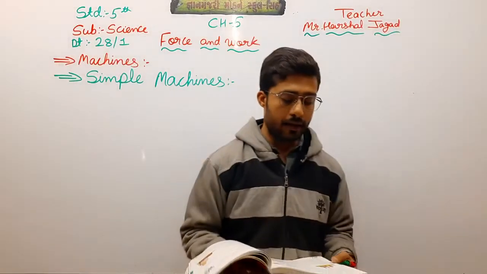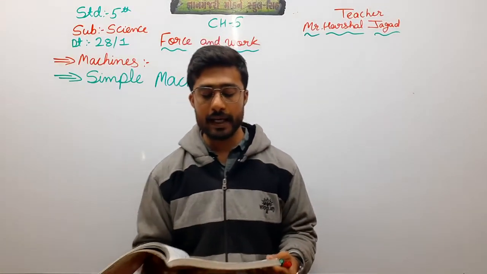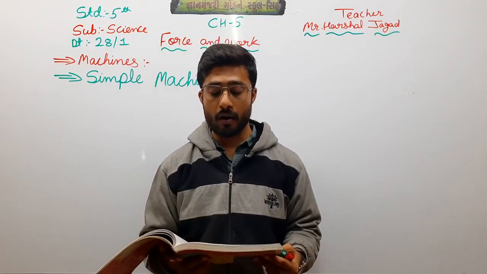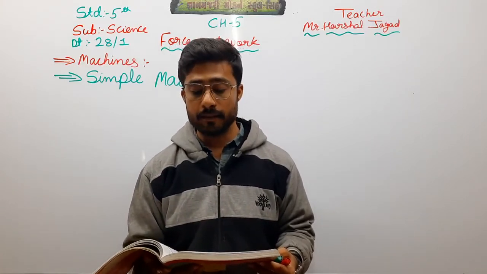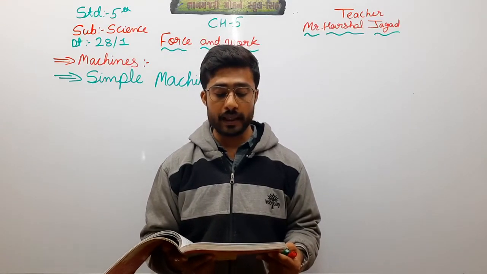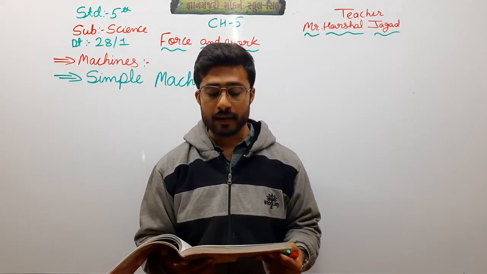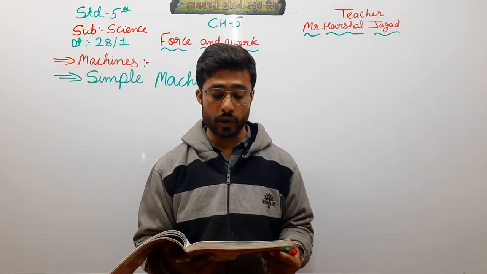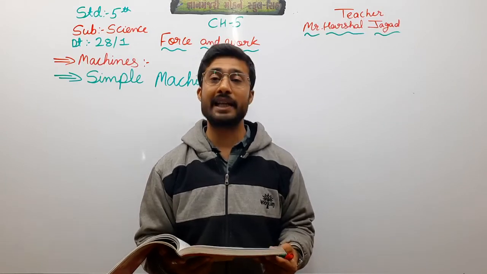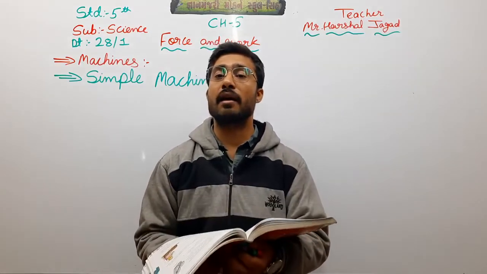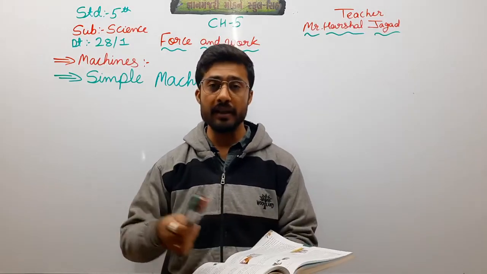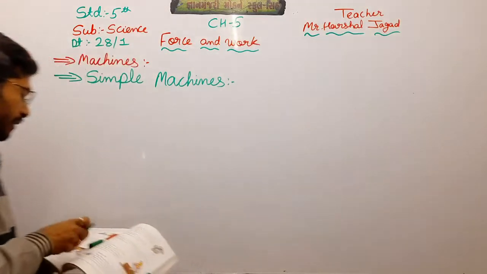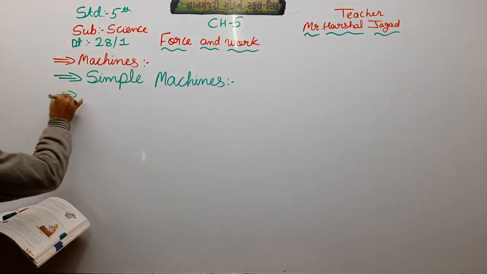Some machines make daily life easier, such as a tin opener or a pair of scissors. Some simple machines have been in use for centuries. There are lever, pulley, inclined plane, wheel, screw, wedge, and the wheel and axle. So here there are different types of simple machines. Firstly we will see the lever. So what is a lever?